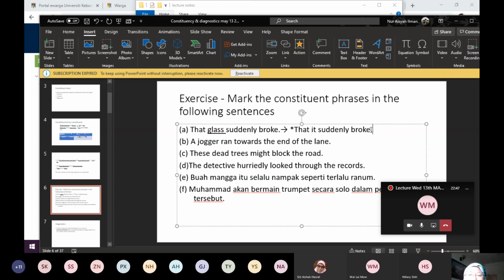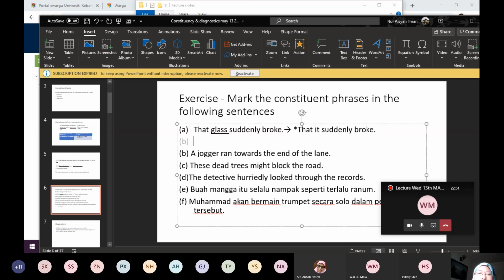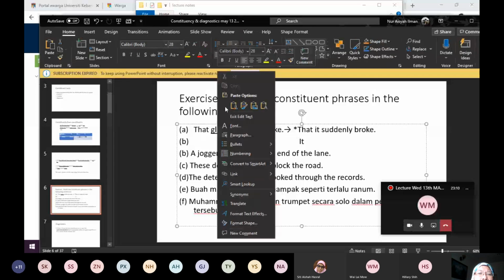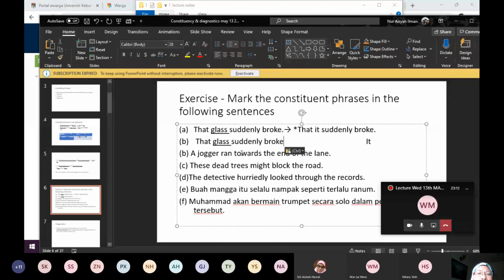However, if we replace the whole thing, this time we're taking the whole. Let me show you.